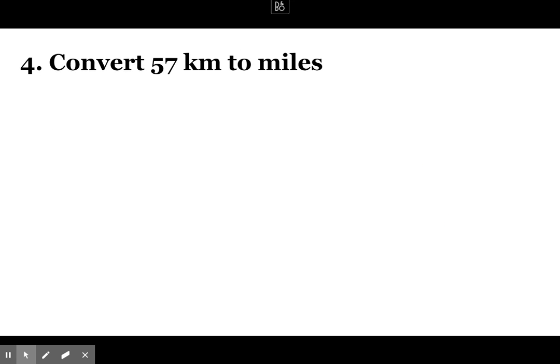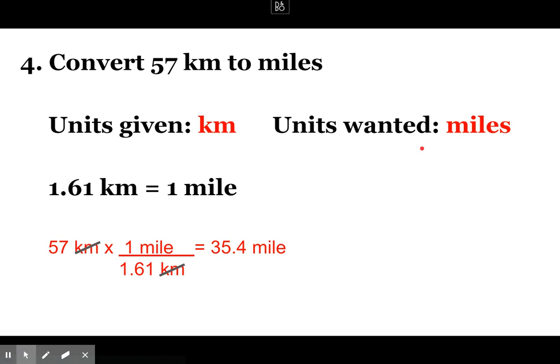And now our fourth practice problem, we're going to convert 57 kilometers to miles. So let's think. Our units given is kilometers, and we want to end up in miles. So let's think about what our conversion factor is.